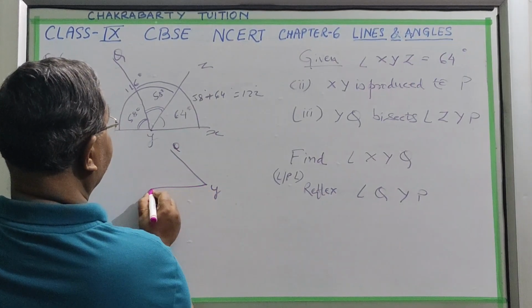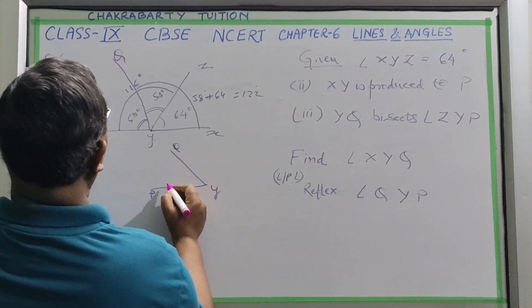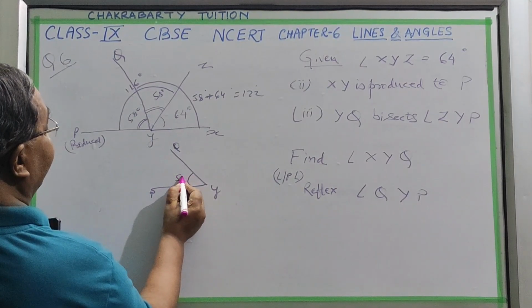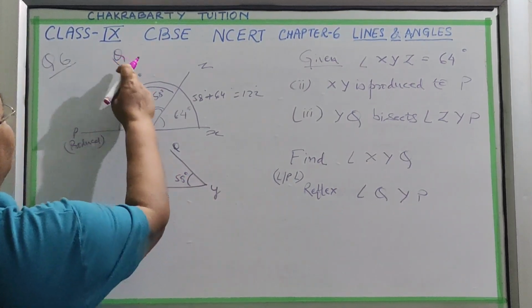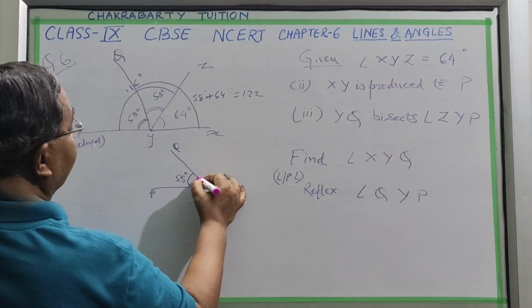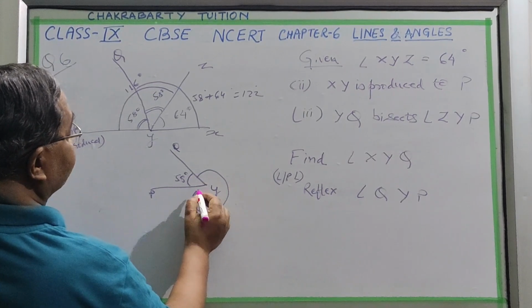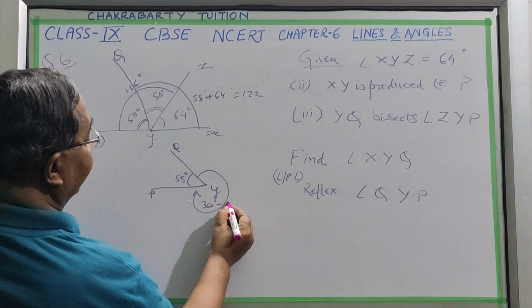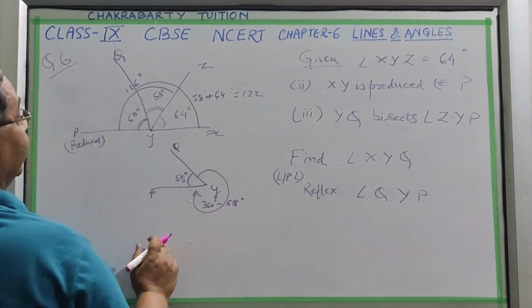QYP inside is 58 degree. So the outer side will be 360 degree minus 58 degree.